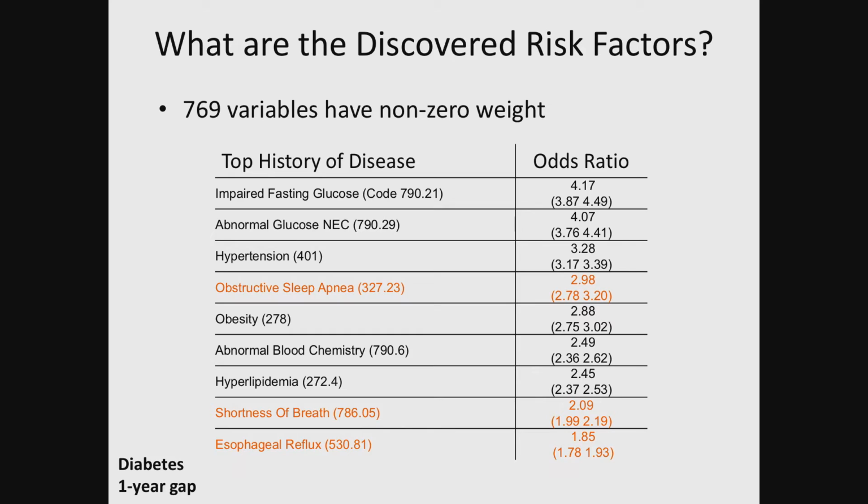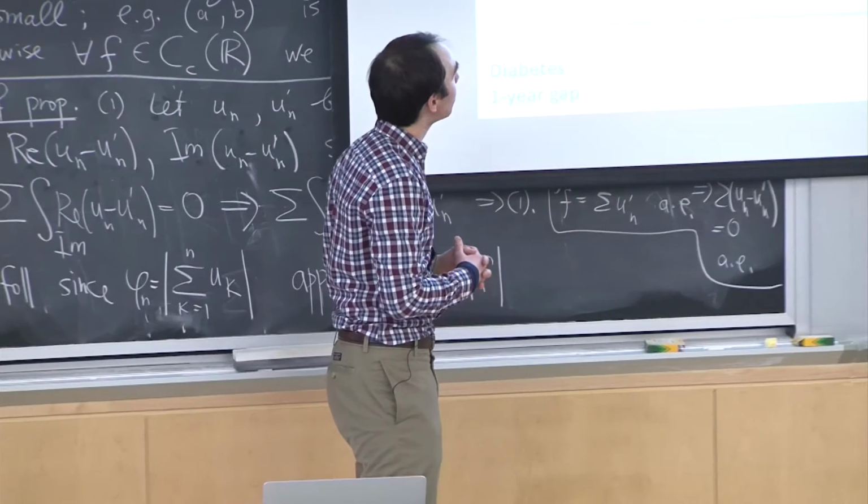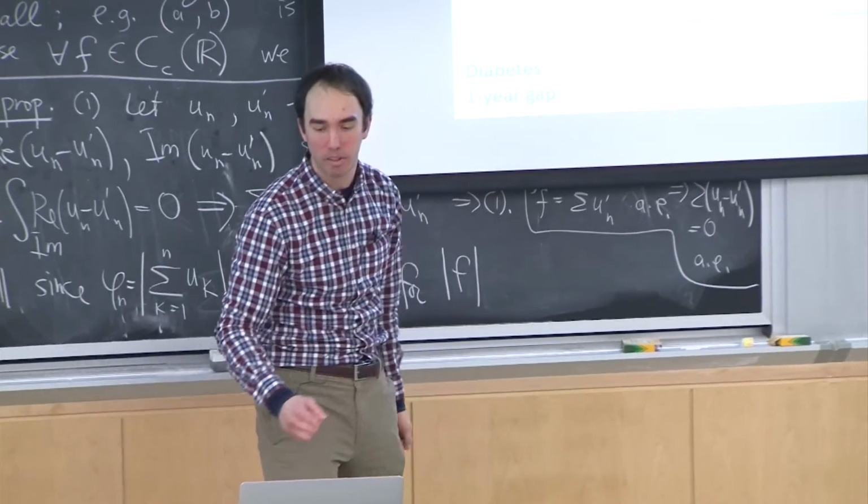Patients who are obese often have what's called sleep apnea, so they might stop breathing for short periods of time during their sleep. That would then be a sign of obesity.